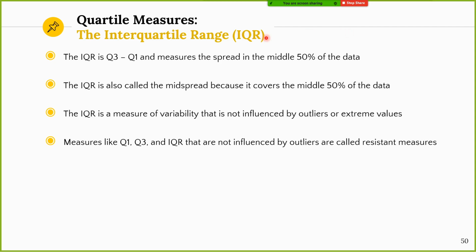Why we need to know the interquartile range is because normally the IQR is not influenced by outliers or extreme values. That's why we need to know the IQR of the data that we have. It's also called a resistant measure because it is not influenced by outliers.